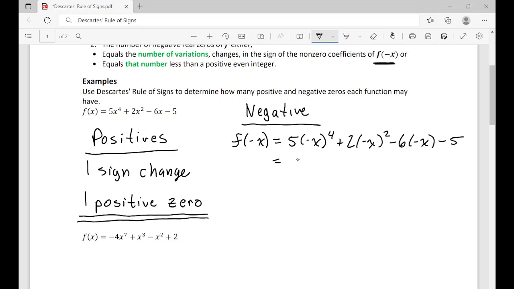And so this has become positive, so it just stays 5x to the fourth. This stays positive, so plus 2x squared. This turns to a positive, so positive 6x, and this stays negative, negative 5. And now we do the sign changes again. So positive, positive, positive, negative.